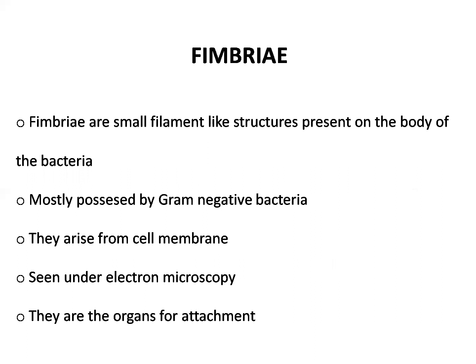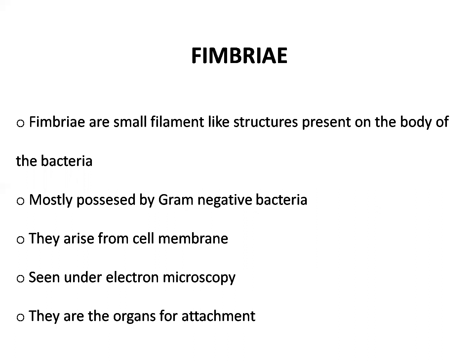Fimbriae are nothing but shorter versions of flagella which are present all throughout the body. Fimbriae are small filament-like structures present on the body of the bacteria. They are mostly possessed by gram-negative bacteria, arising from the cell membrane. Remember, not from the cell wall. Seen under electron microscopy, they are the organs for attachment. Whenever a bacterium is going to show its pathogenicity, it needs to get attached to that particular organ first.